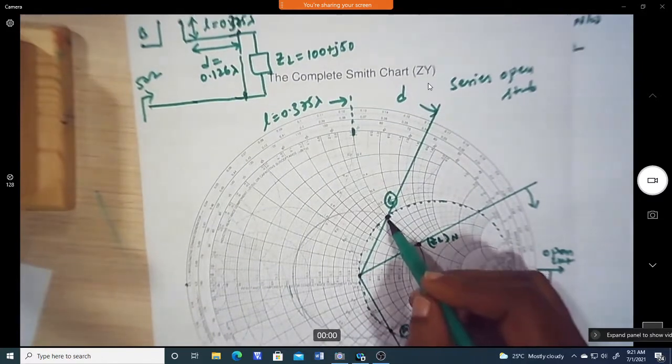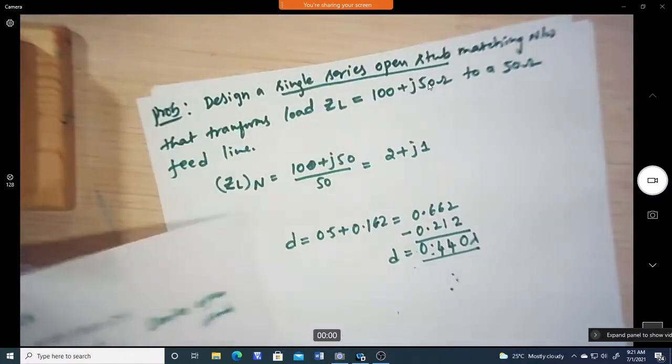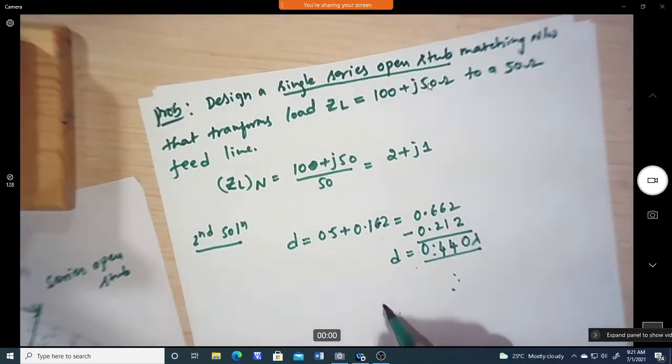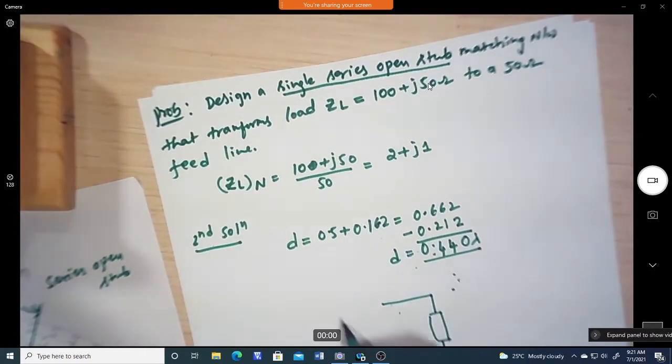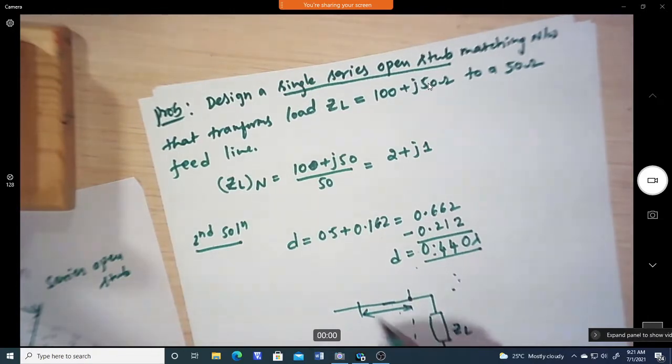So now at point C, you need to find out what is the... So now this is the load. So now we are moving a distance of 0.44 lambda in order to get the point C.